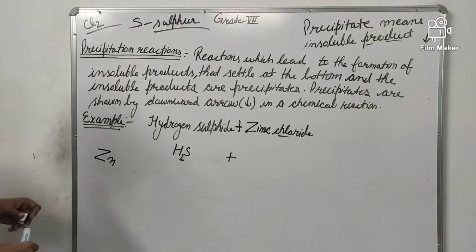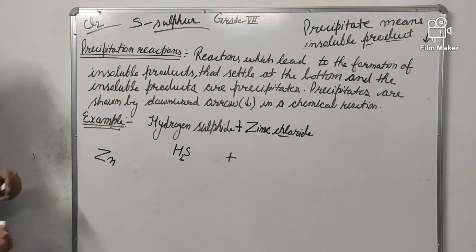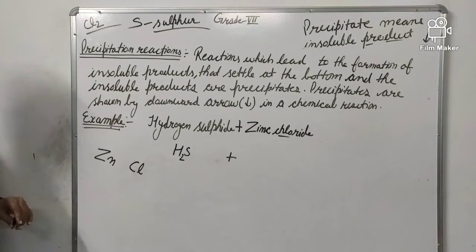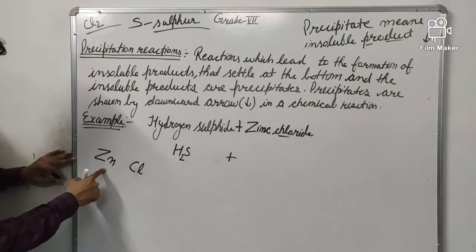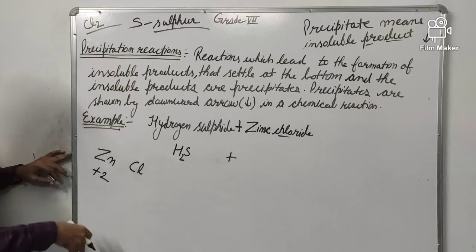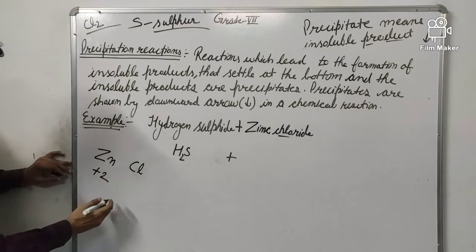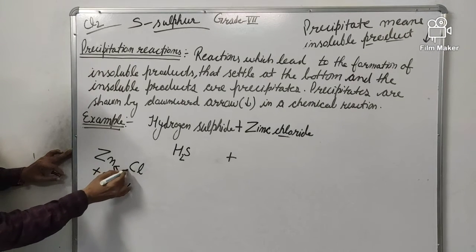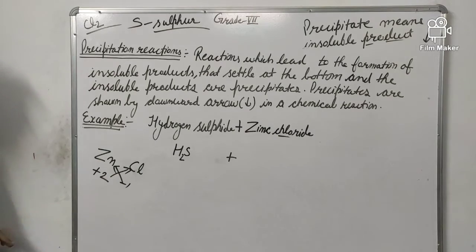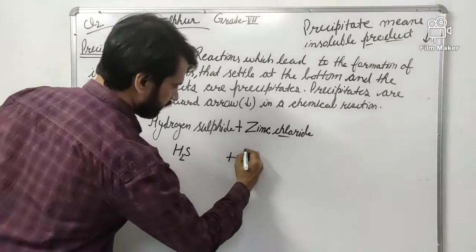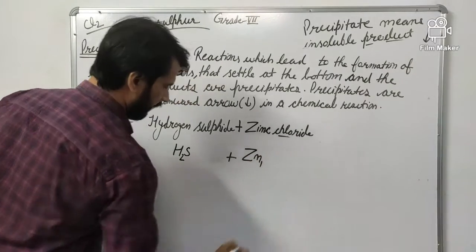Okay, so how will you write this chloride? Like I put here the symbol of chlorine Cl, and zinc has +2 charge. You have to remember this. Chlorine has -1 charge, and when you cross multiply it, you have Zn multiplied by 1.